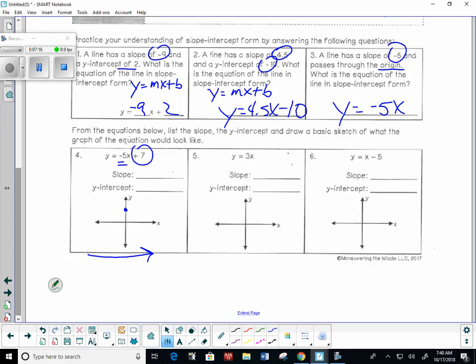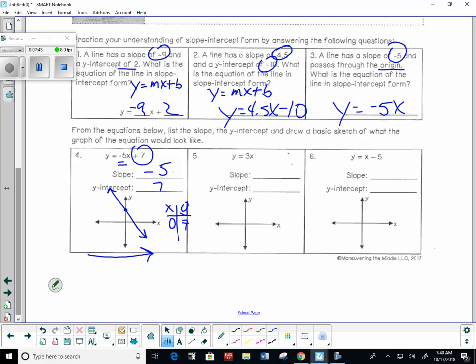Pretty steep, so I'm going to draw it where it looks kind of like that. Okay, so the slope is -5 and the y-intercept is 7. Reminder, we had to find where x marks the spot. So x is 0 so that we could find that the y-intercept is 7. That's my 7, okay? It looks funny, but it is.